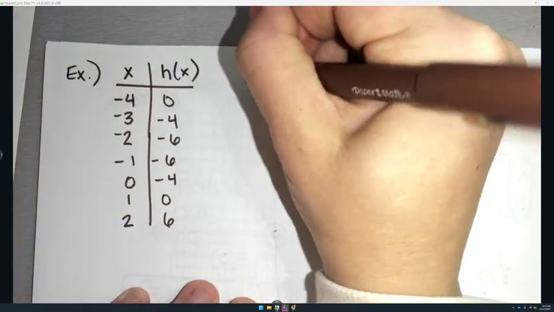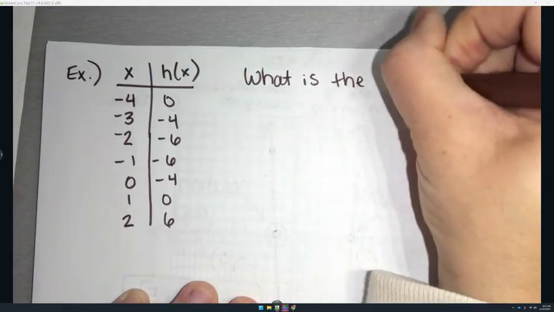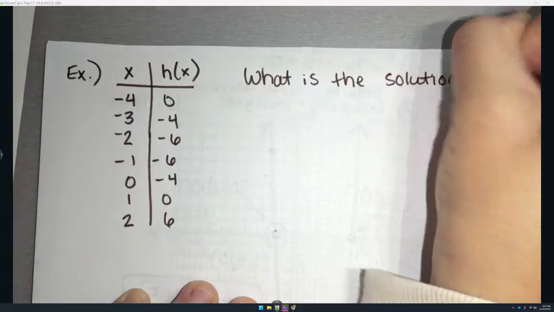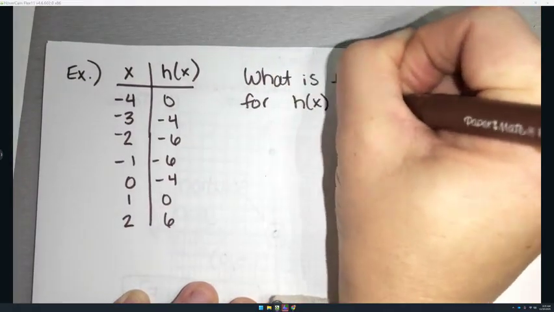What is the solution for when h of x is equal to 0?